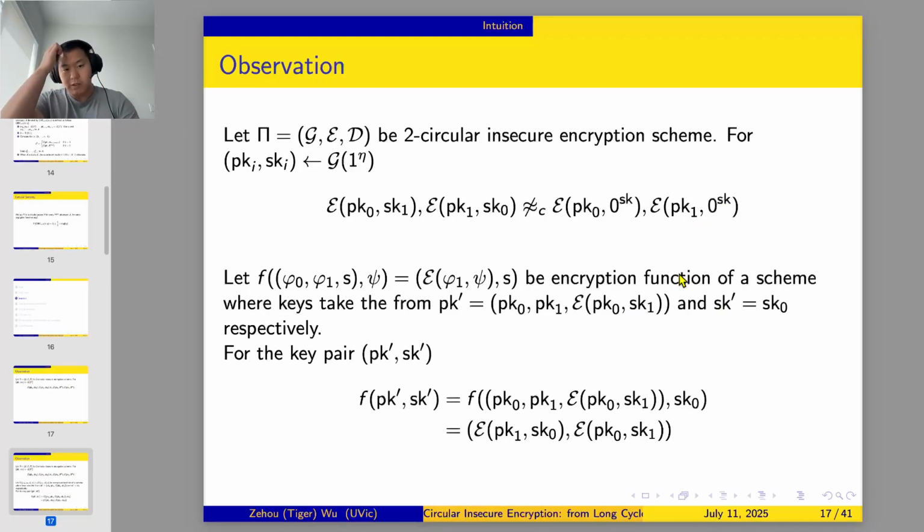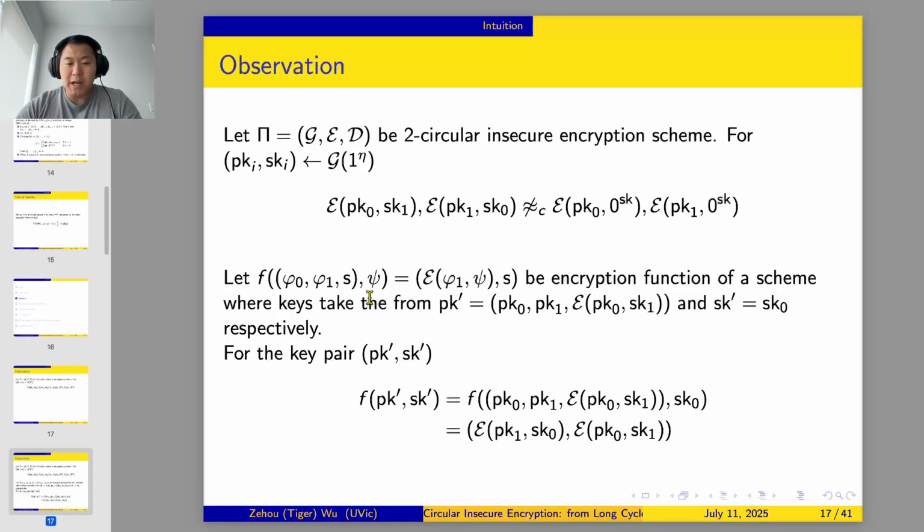So if we consider a function f that takes two parameters, the first is a triplet phi0, phi1, s. The second is psi, and it outputs an encryption of psi under phi1 followed by s.